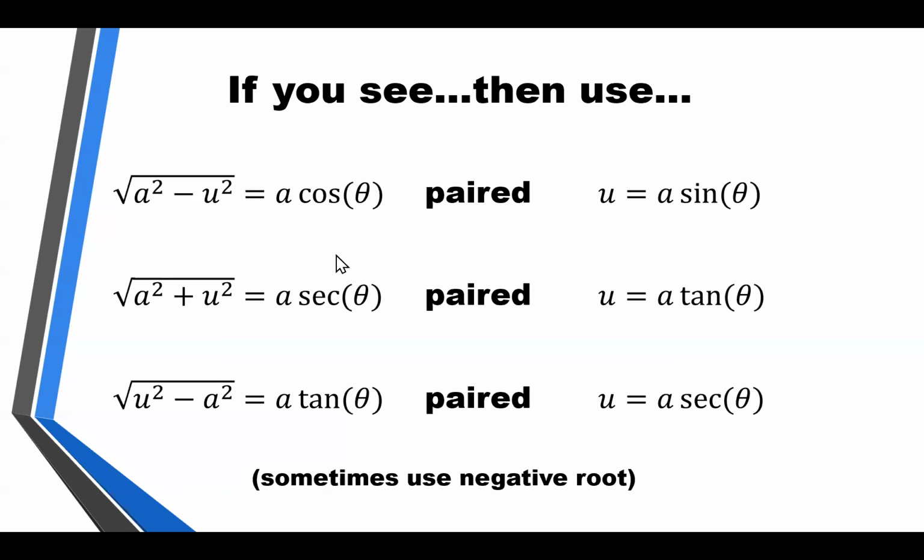Before we go and look at it, 9 minus x squared fits this pattern. So the square root is going to be a cosine theta, and the x is going to be a times sine theta. So we're in this first pattern, with cosine being associated with the square root and sine being associated with the variable.